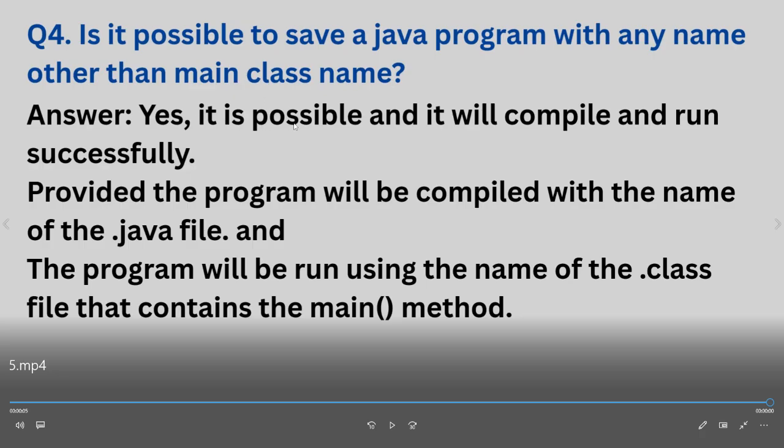The answer is yes, it is possible, and it will compile and run successfully, provided the program is compiled with the name of the .java file and run using the name of the .class file that contains the main method. It should contain the main method.